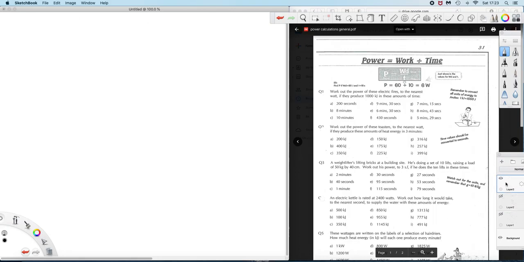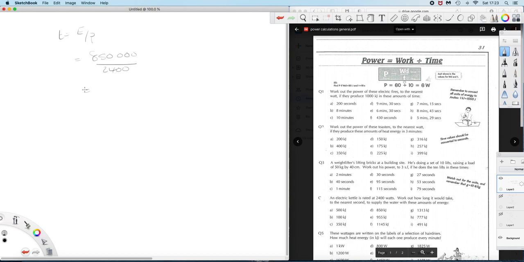So we have time is energy divided by power. Our energy was 850,000 joules, and our power was 2,400 watts.